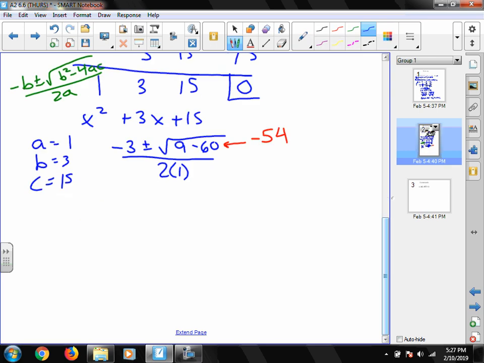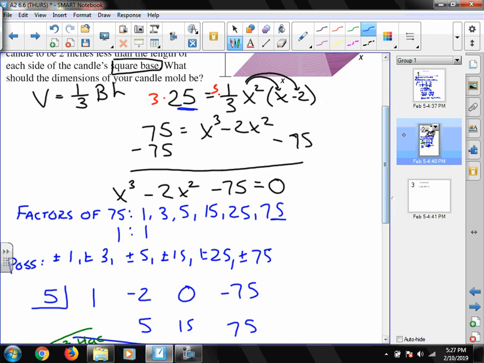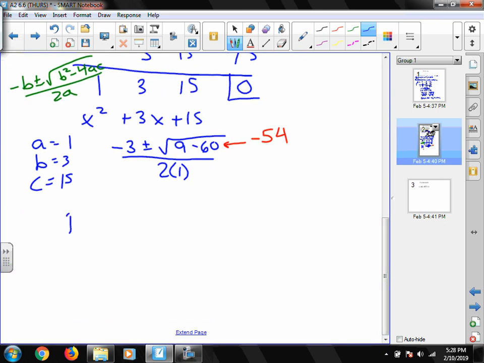the base, to answer the final question that we're asking for, remember, we're looking for the dimensions of the candle, or the dimensions of the mold. So the base needs to be 5 by 5 inches, of course. The height needs to be 3 inches.